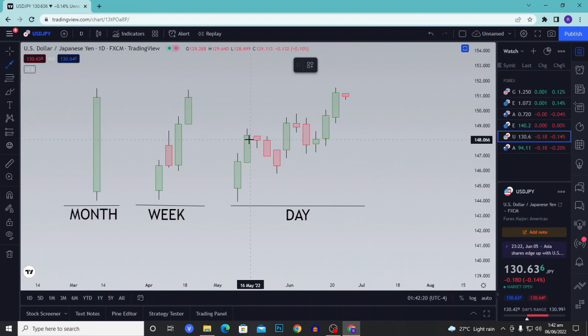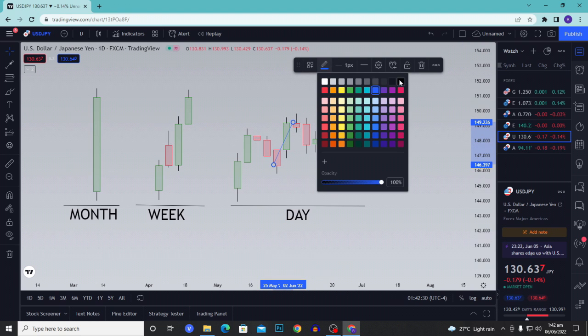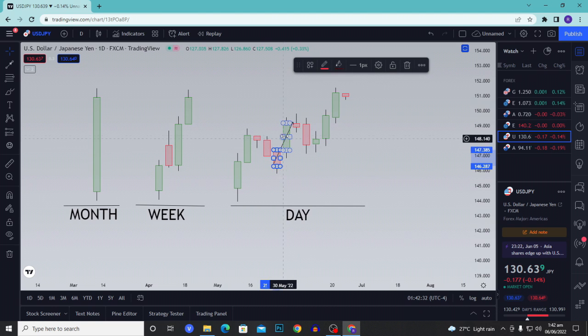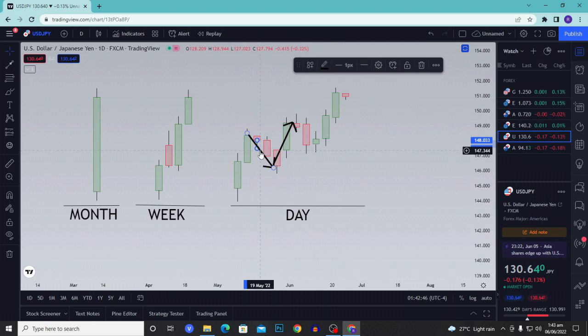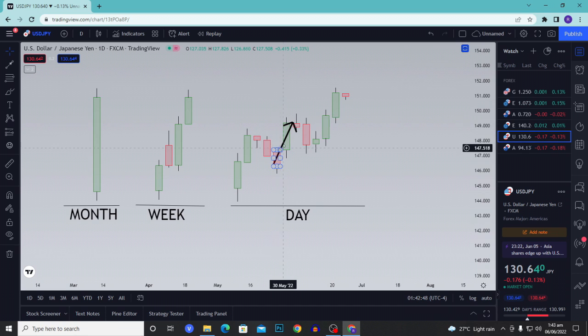We either try to catch these moves upwards or the pullbacks coming down, to get a good risk to reward ratio.